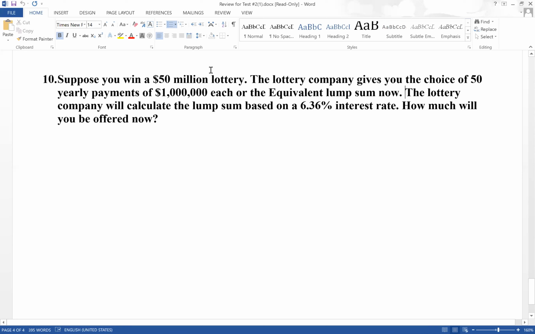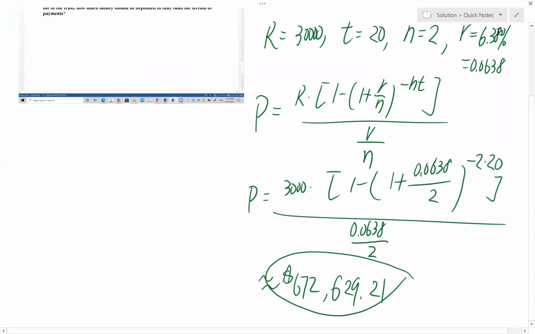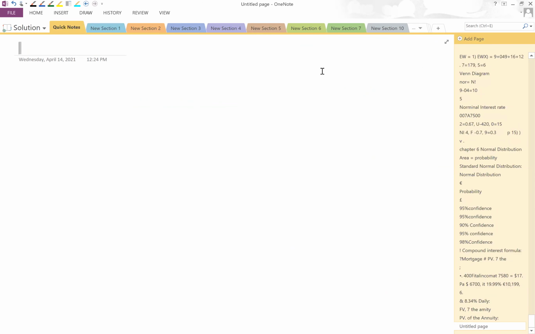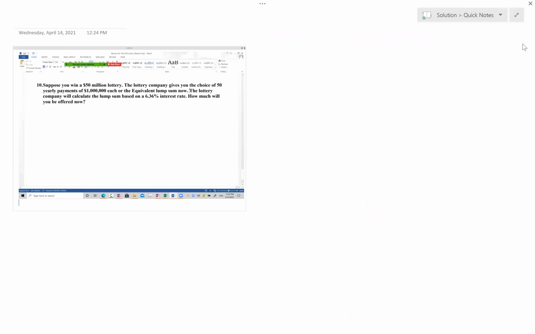So again, you'll be getting a lot less, right? But still a lot of people take advantage of this. They still take the one-time payment instead of 1 million per year. First of all, you get a big payment coming in one time, right?